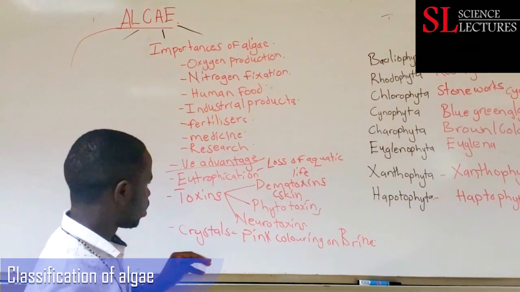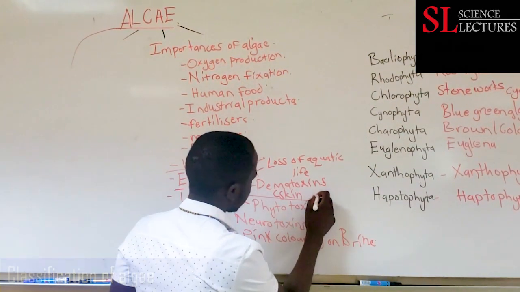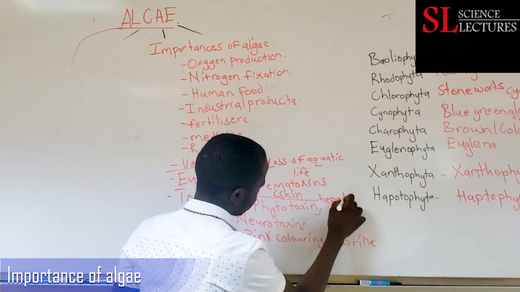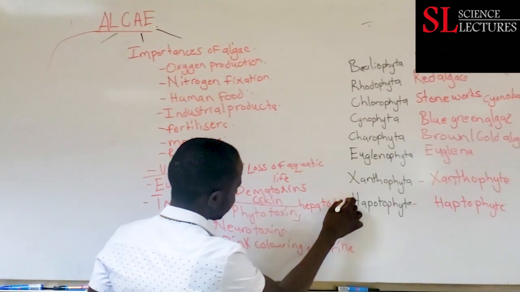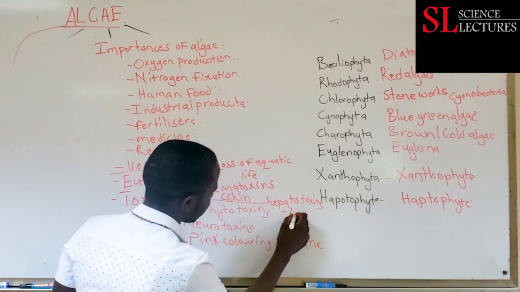And before I forget, algae also produces what we call hepatotoxins. And these hepatotoxins affect the liver.